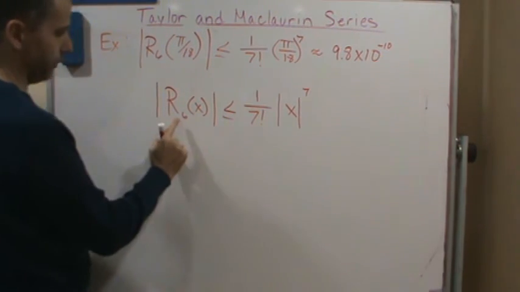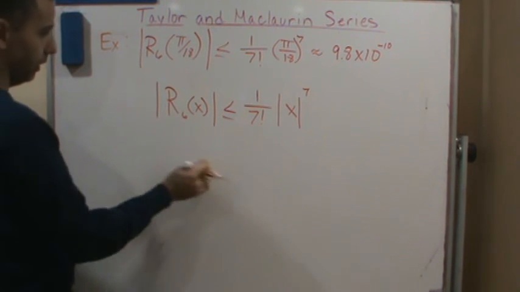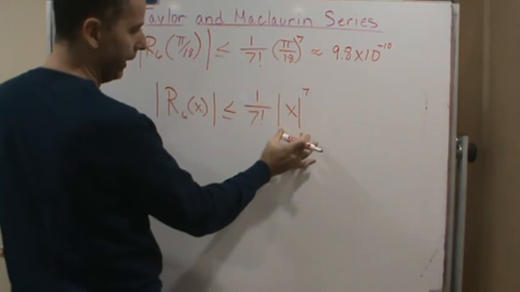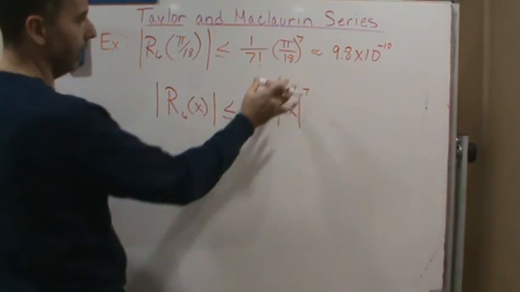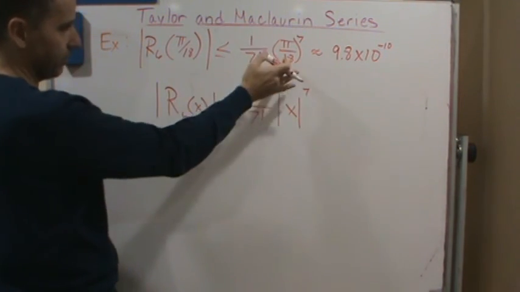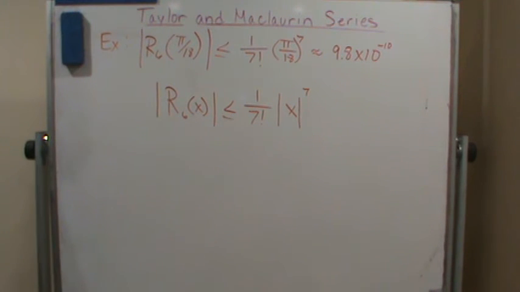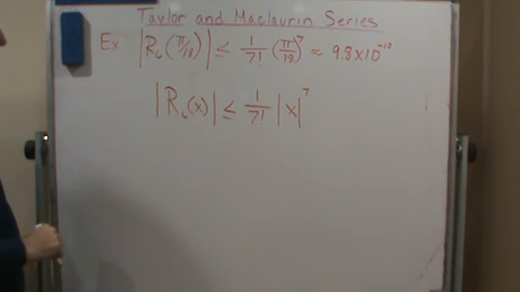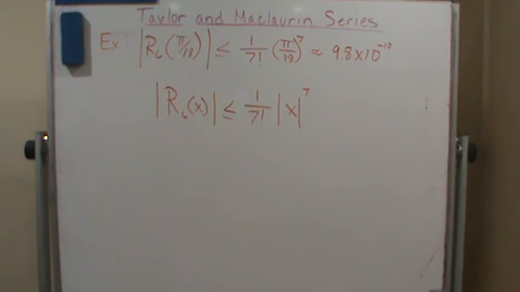We have to have the absolute value of x because x could be negative. Here we didn't need the absolute value because it's a positive number. Here we're trying to locate x, so we've got to make sure we have those absolute value signs in there. So this is what we're trying to solve, and that's where we're starting.